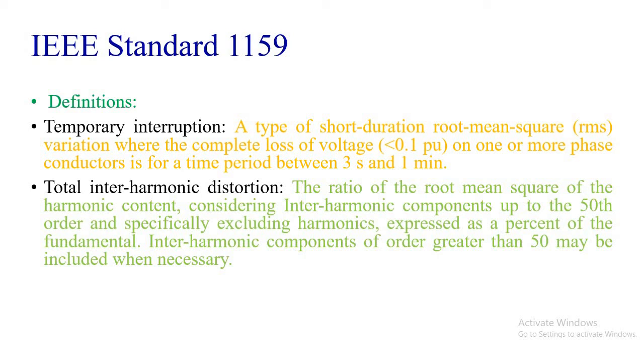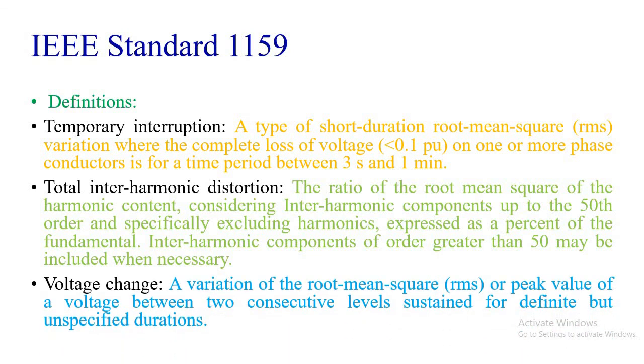Interharmonic components of order greater than 50 may be included in this. Next is voltage change. It is a variation of the RMS or peak value of voltage between two consecutive levels sustained for definite but unspecified durations.